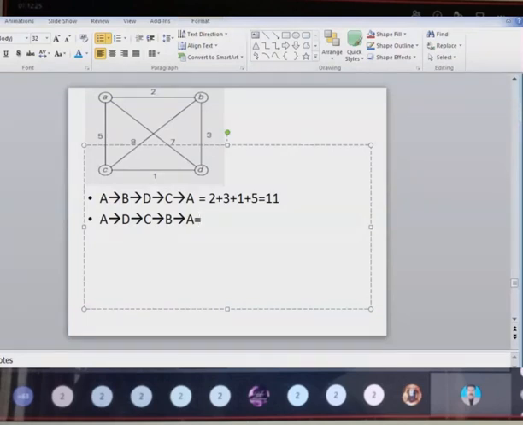A to D is 7, plus 1, plus 8, plus 2. The total value is 18.